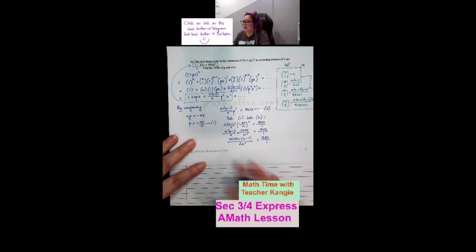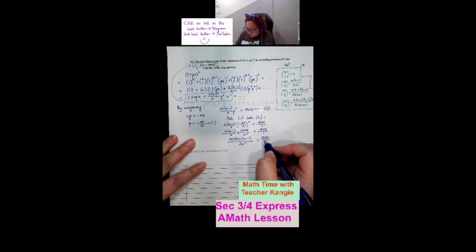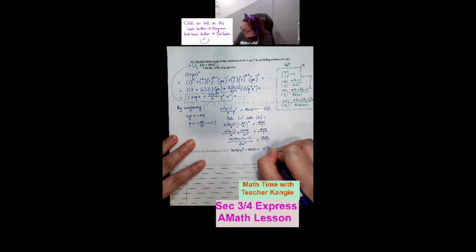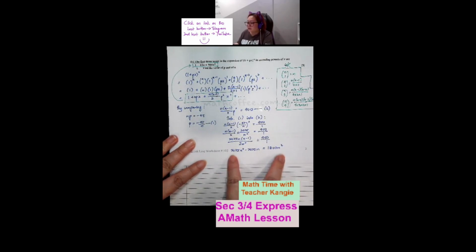Okay, so now I can cross multiply. So I will cross multiply and have 2025n squared minus 2025n equals 1800n squared. And since this is a quadratic equation, I'm going to bring everything to the left hand side.